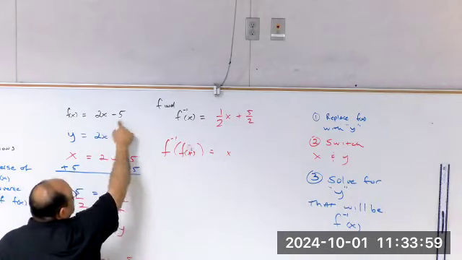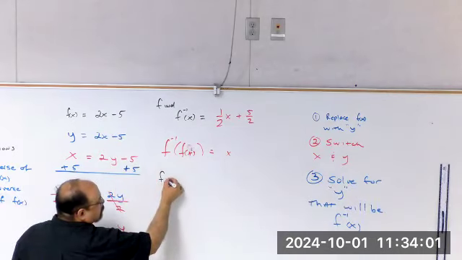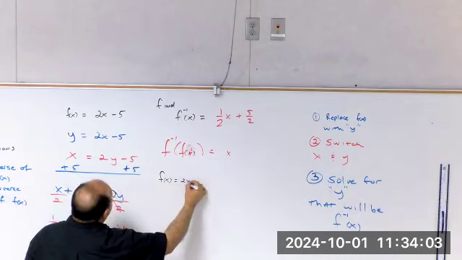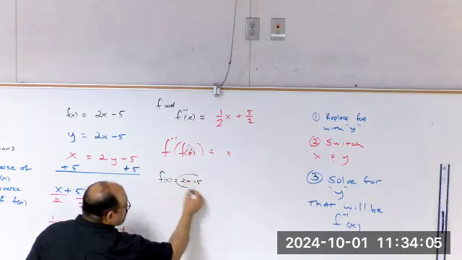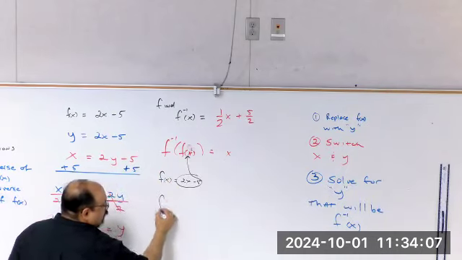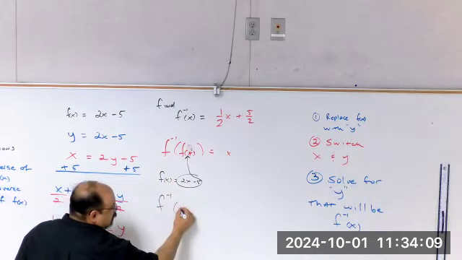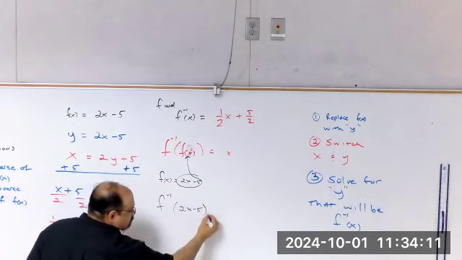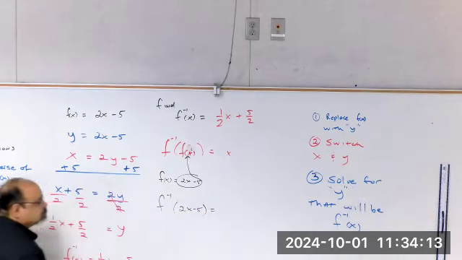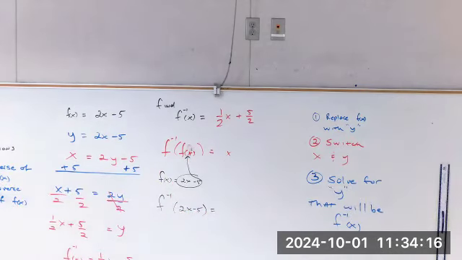So f of x is 2x minus 5. So I now have f inverse of f of x. Well, pressing these things out, it's just substitution.